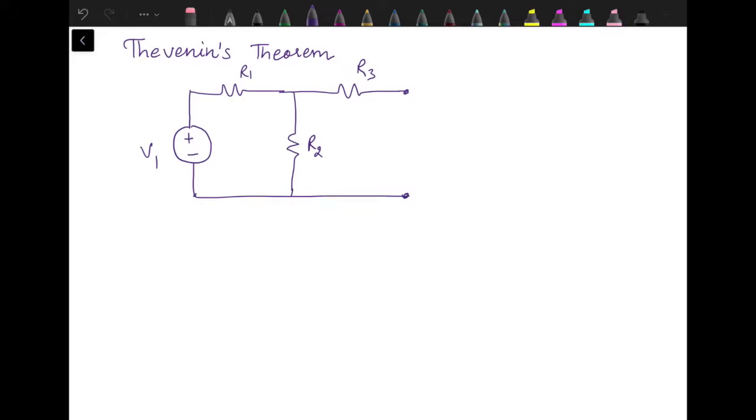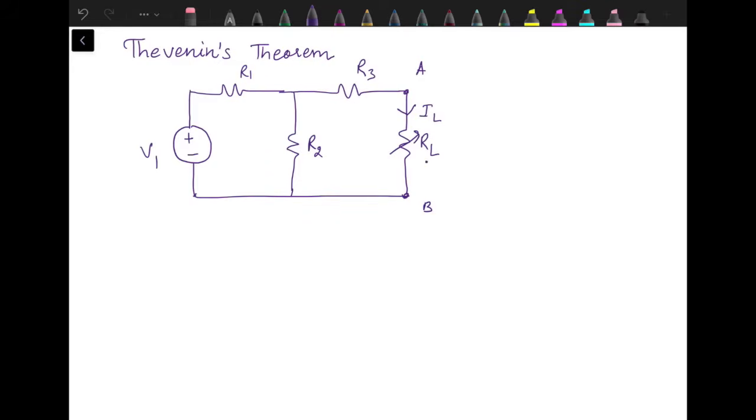These are terminals A, B. In between these terminals we have a resistance denoted by RL, and let's say it is a variable resistance. If I am interested in finding out the current through this resistance, then for nodal analysis I need to write one equation and solve that. For mesh analysis I have to write two equations and then solve those two equations simultaneously.